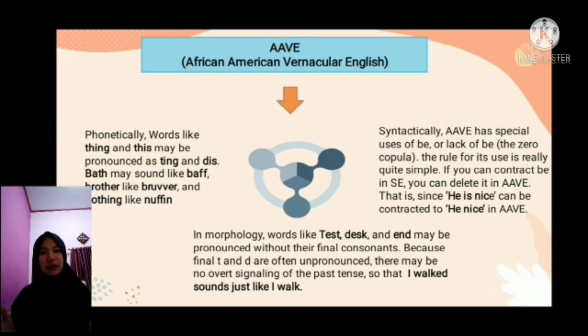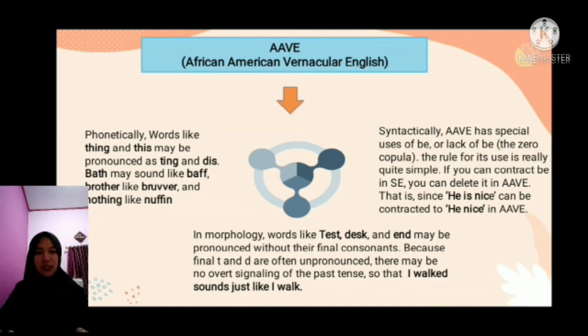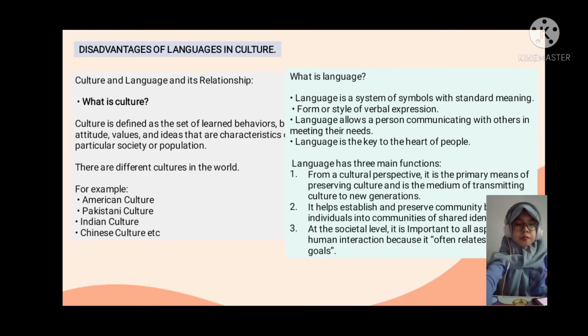Therefore, it can be concluded that vernacular dialects can lead to miscommunication, especially if vernacular dialect users do not hear a great deal of the standard dialect. Okay, I think that's enough. The next explanation will be presented by my friend. Thank you.